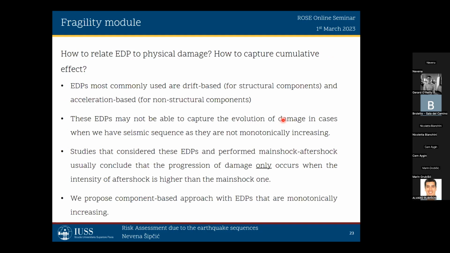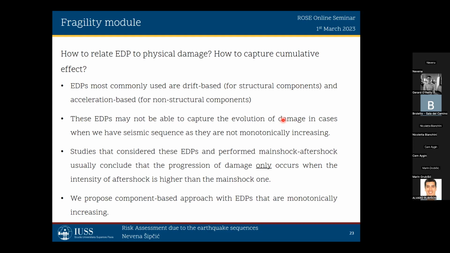The EDPs that are most commonly used are drift-based for structural components and acceleration-based for non-structural components. What we think is that these EDPs may not be able to capture the evolution of damage when you have seismic sequences, as they are not monotonically increasing.